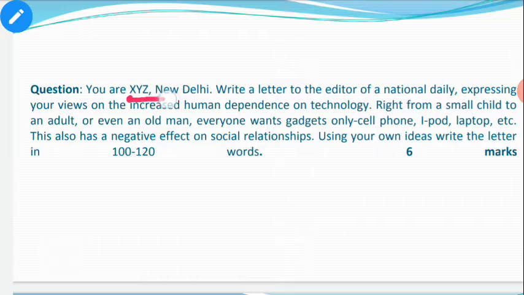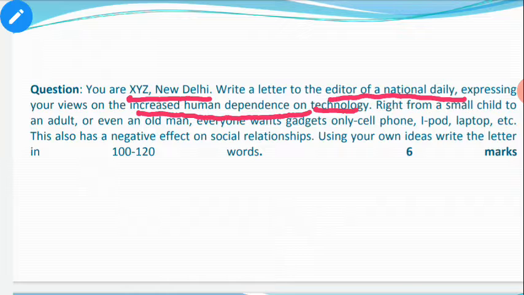XYZ, New Delhi is the sender's address, the receiver will be the editor of a national daily, and the subject is increased human dependence on technology. So this information should be underlined while reading the question in order to save time in the examination.